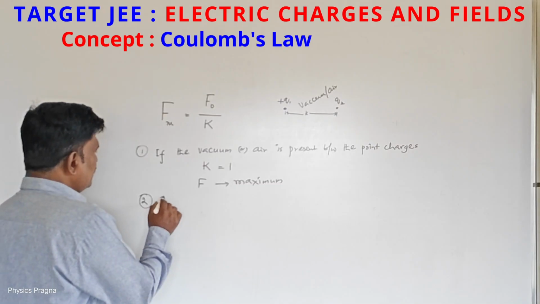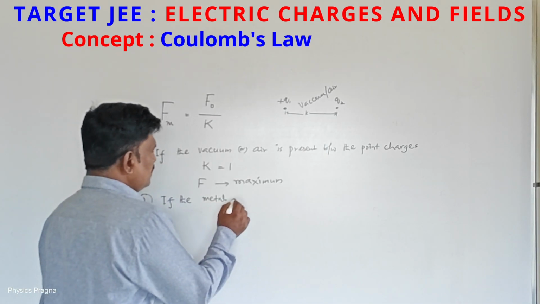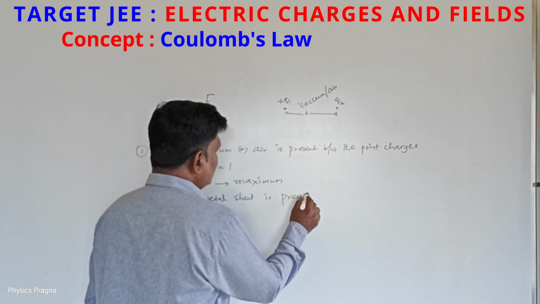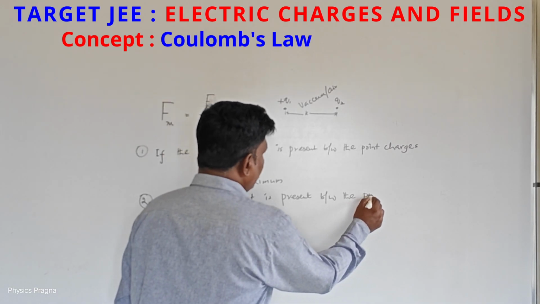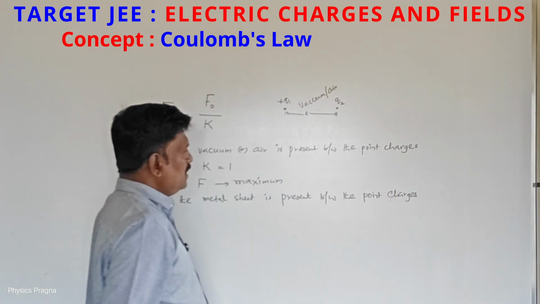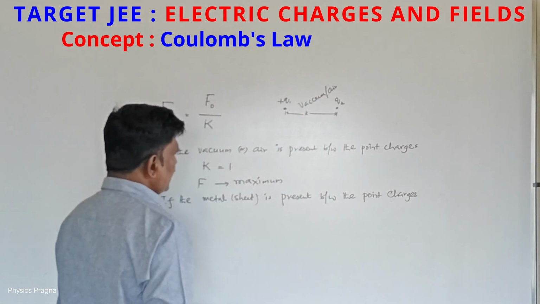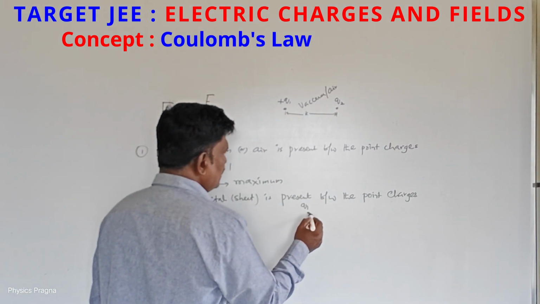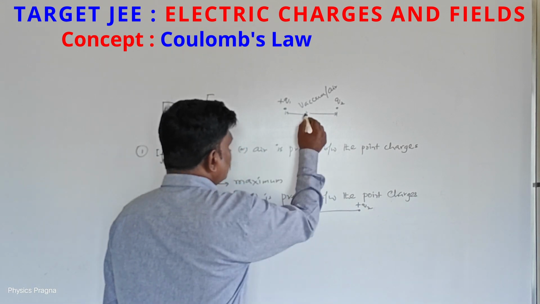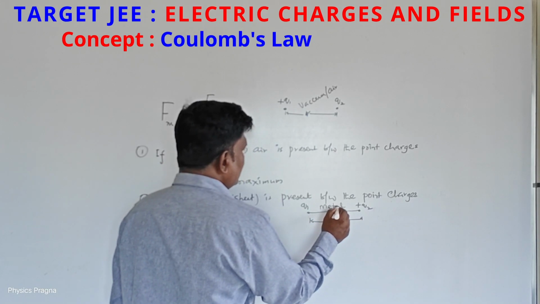If a metal sheet or metal is present between the point charges, this is q1 and this is point charge q2, and the distance between them is r, and here metal is there.